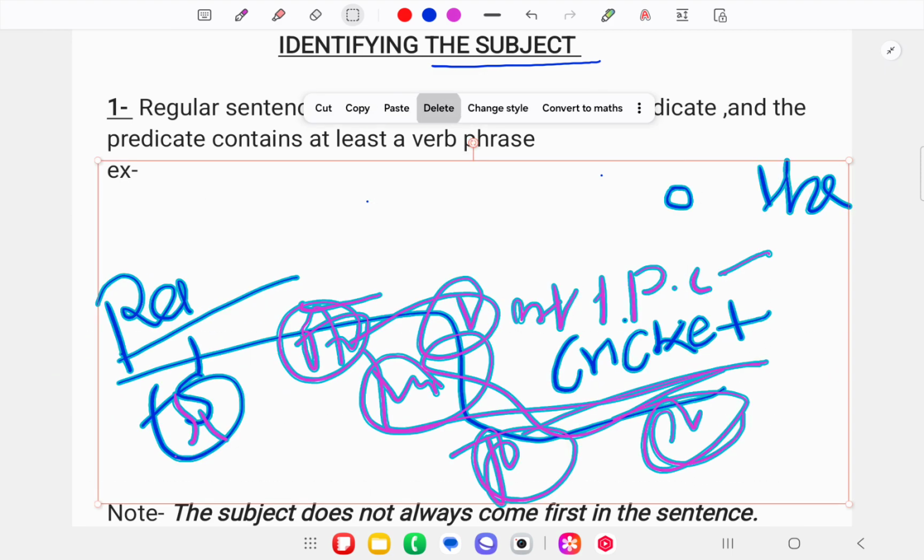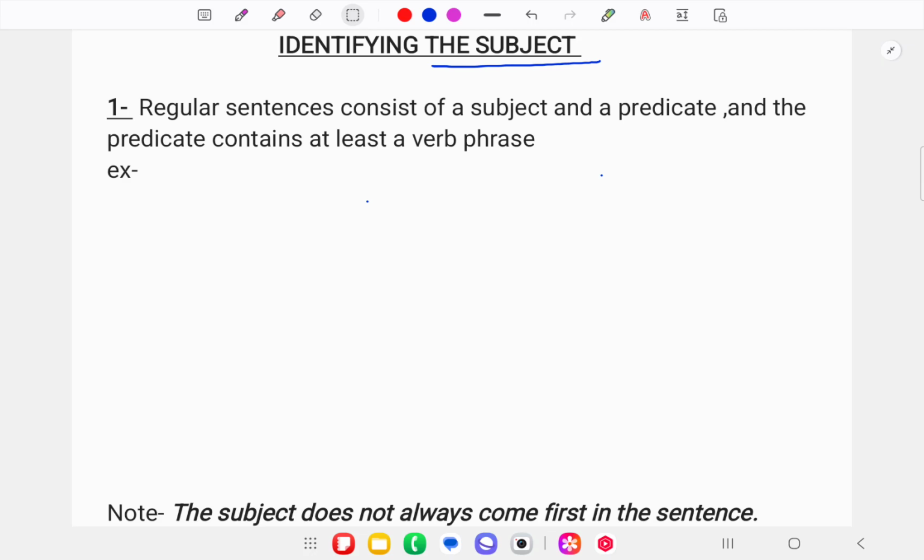Okay, next. In step number 1, rule number 1: regular sentences consist of a subject and a predicate, and the predicate contains at least a verb phrase.